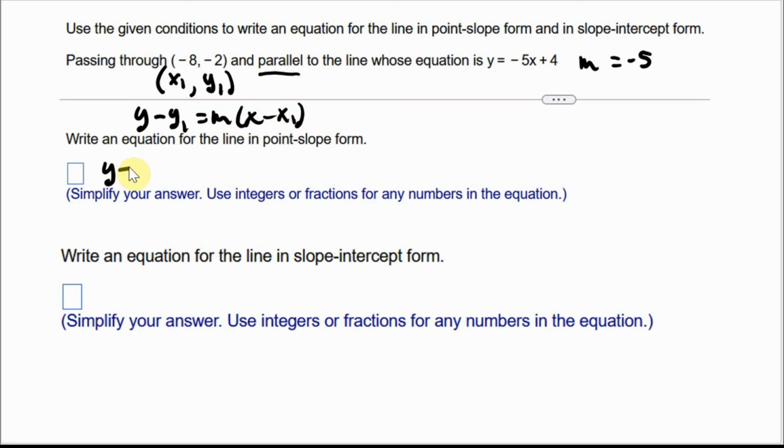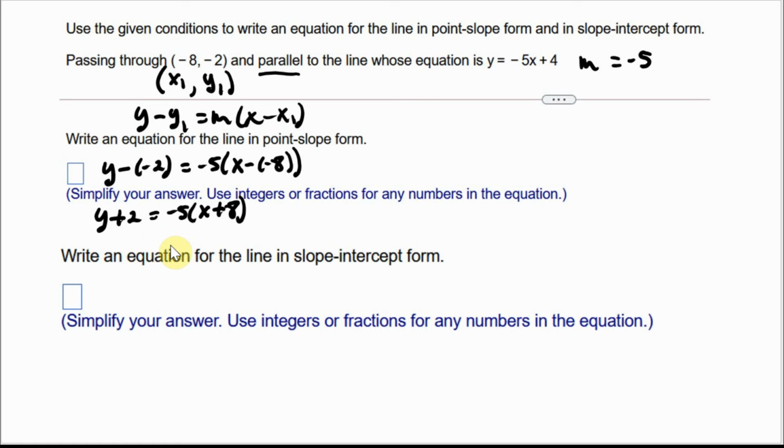So I have y minus -2 is equal to -5 times x minus -8. Simplify that, we have y plus 2 is equal to -5 times x plus 8. So that becomes the point-slope form.